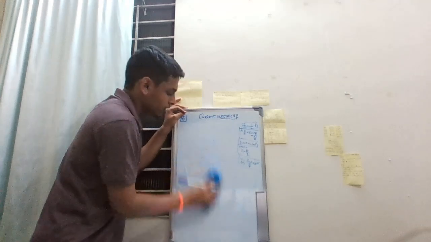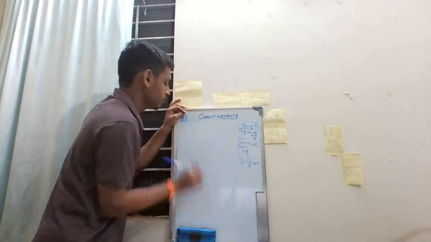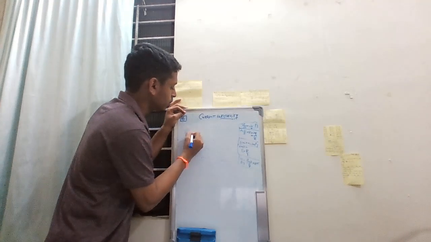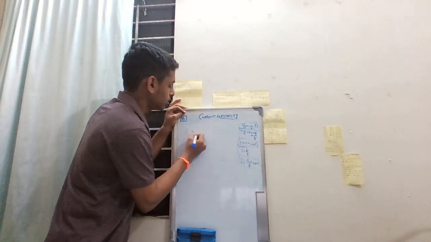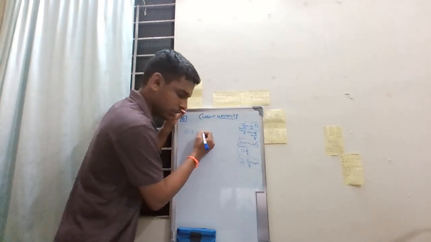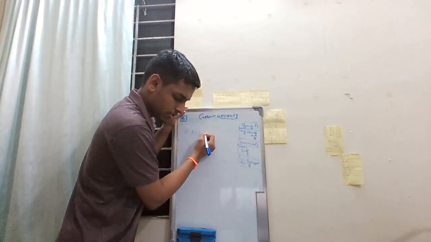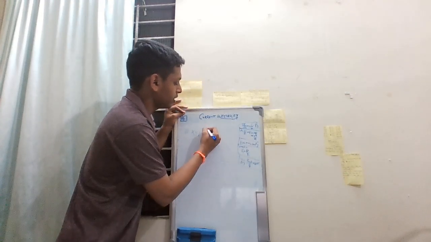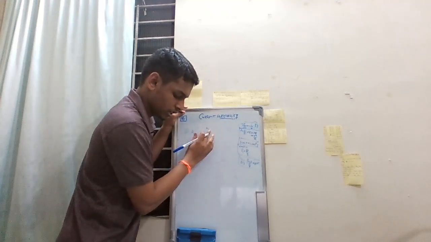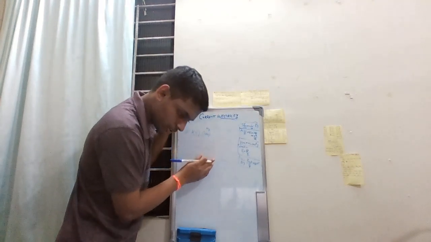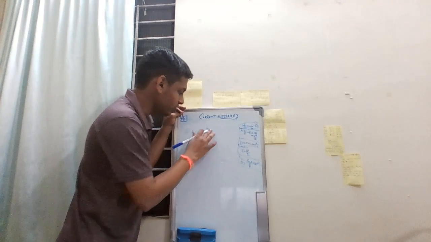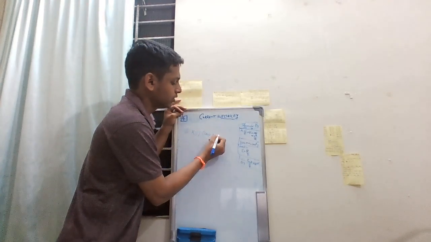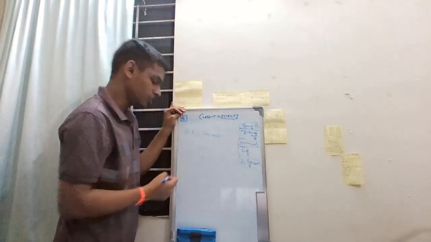Now we are going to start with KVL, which is Kirchhoff's voltage law. It is also known as the loop law.